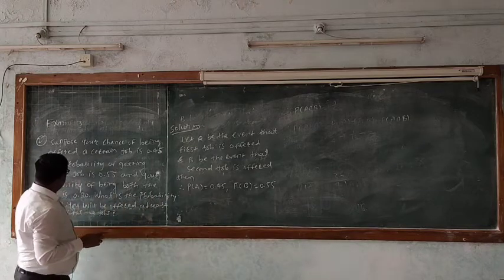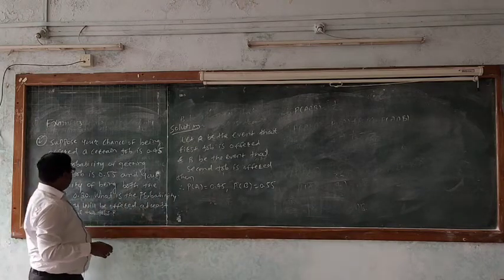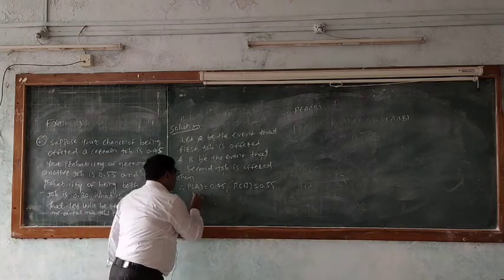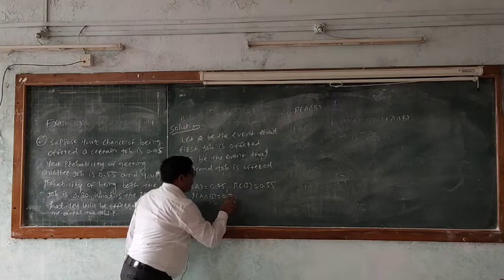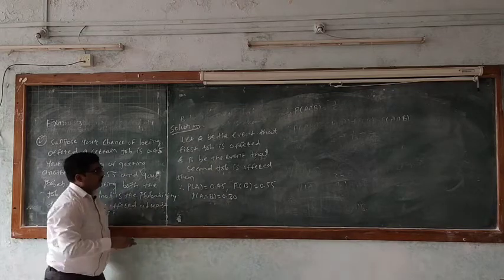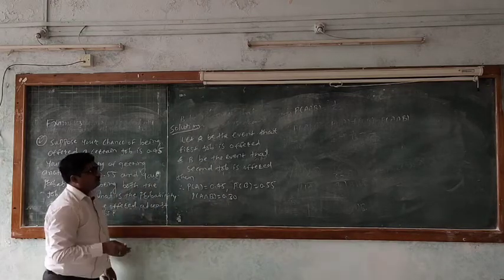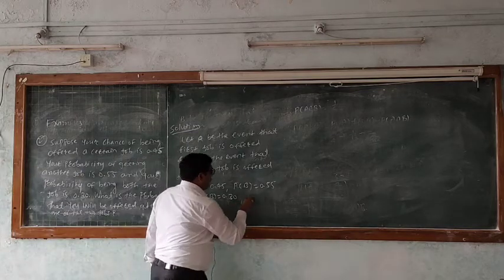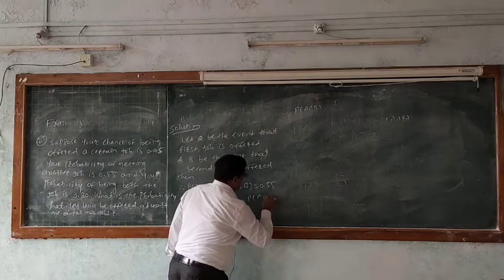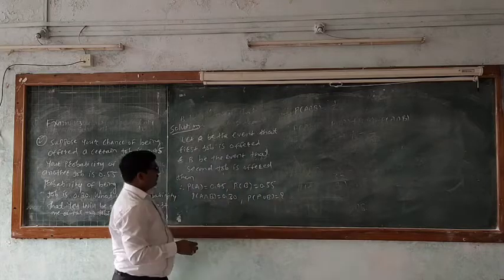And P of A intersection B is 0.30. Right? And you have to find P of A union B.